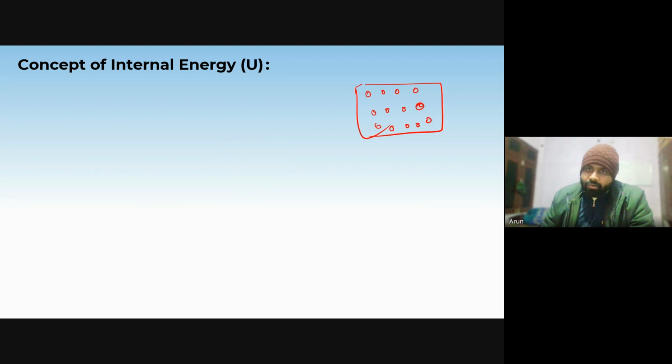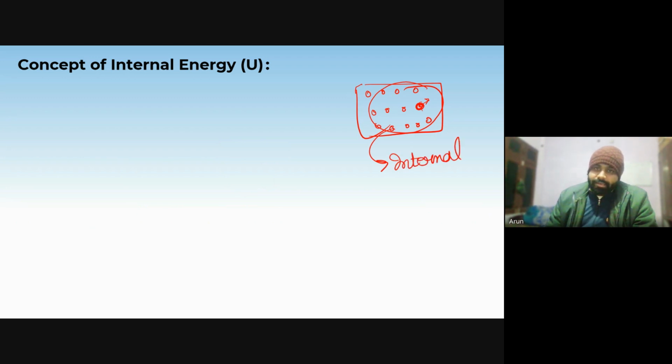These individual molecules have some kinetic energy, they are moving. Vibrational energy, because they are vibrating at their place also. So the sum of all the types of energy they have is termed the internal energy of the system.